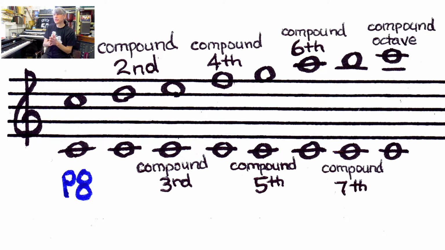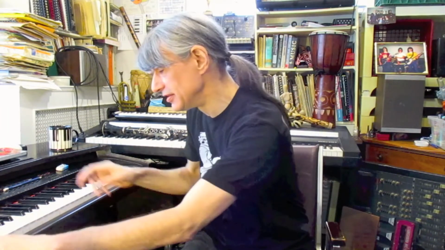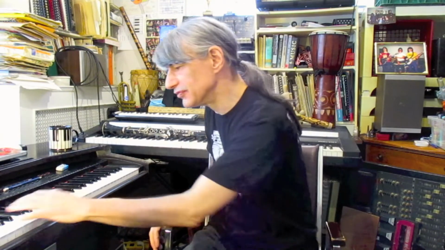Now, one of the problems with the term compound, it can also refer to an interval that is two octaves higher, plus an interval. So more recently, we use more specific names, and the first several that come above the octave, we use the same counting pattern as we do for the intervals in the octave.